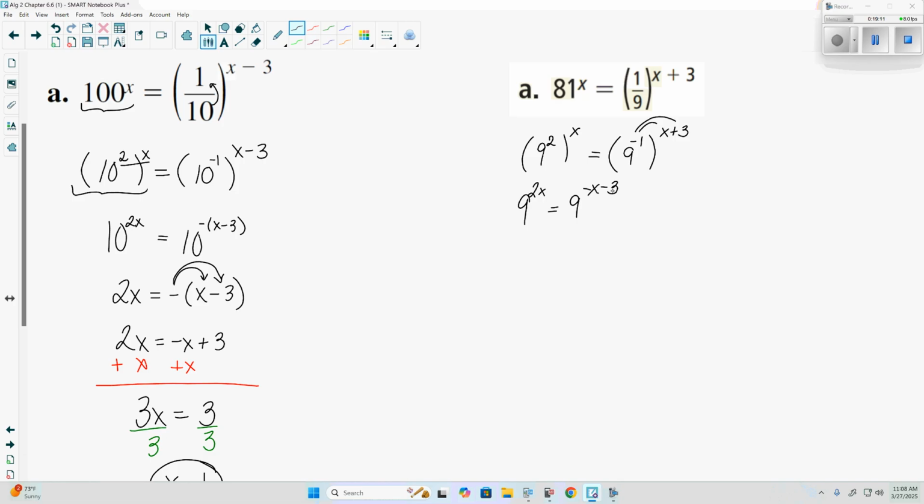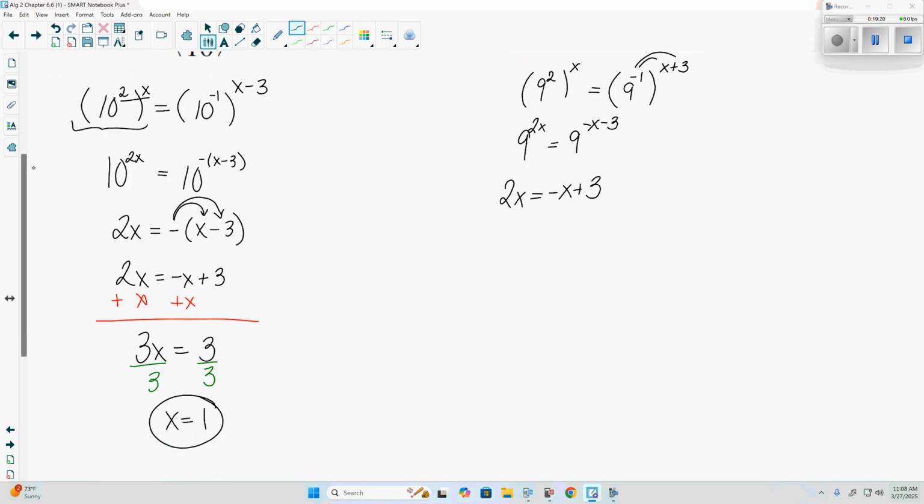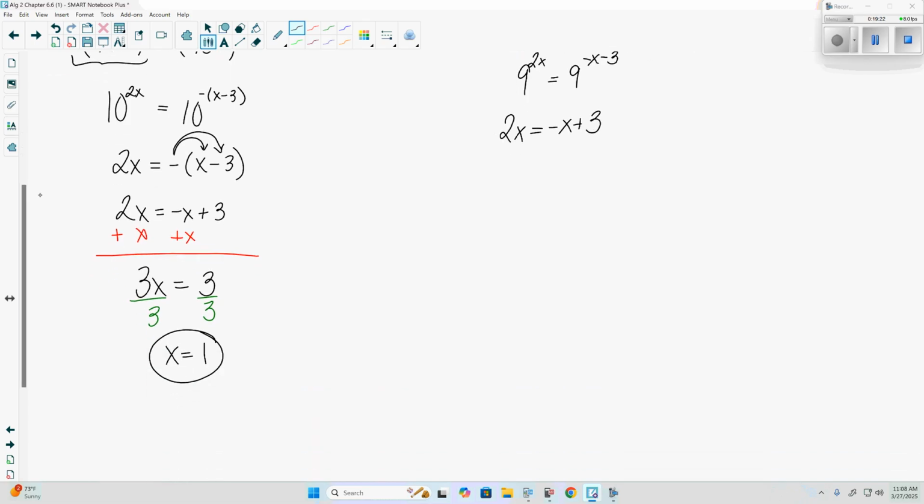And again, since the bases are the same, the exponents have to be the same as well. Add x to both sides. 2x plus x is 3x. It's equal to 3. Divide by 3, telling us x is equal to 1.